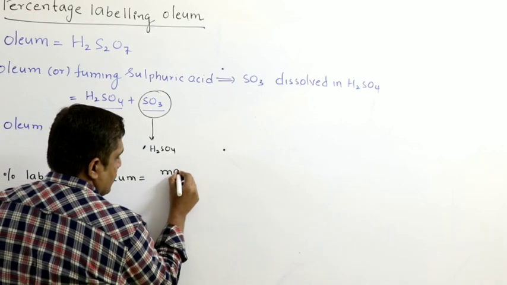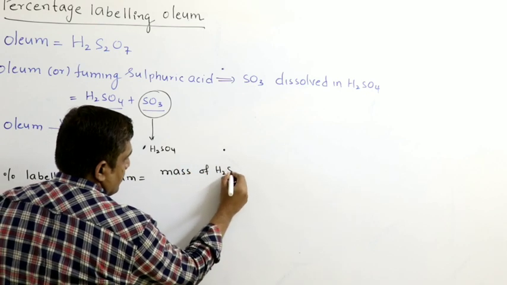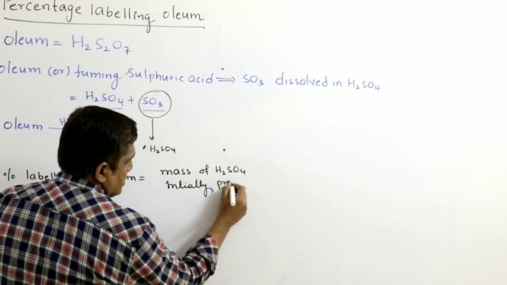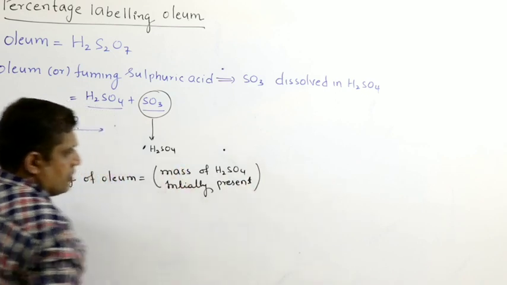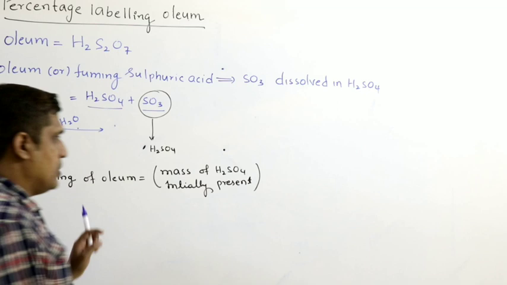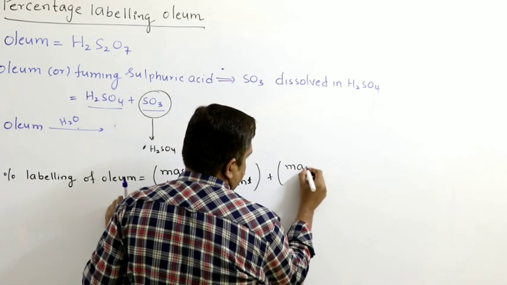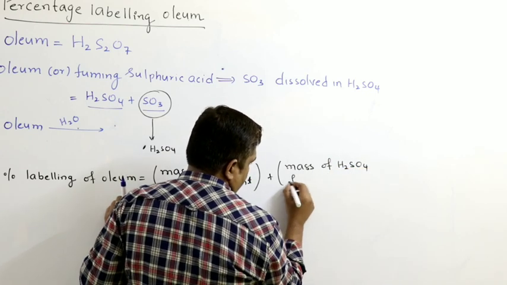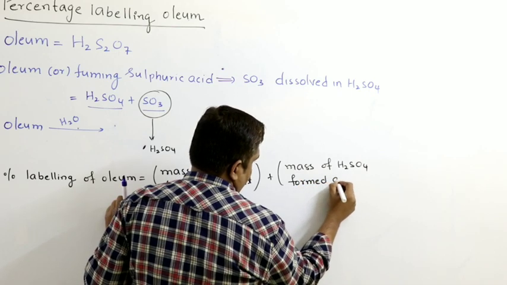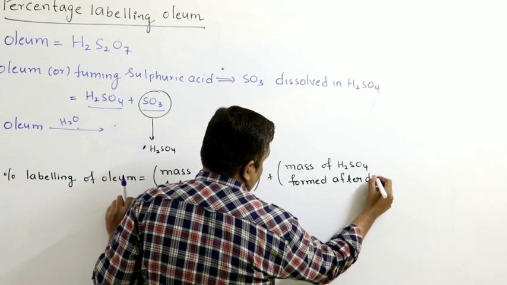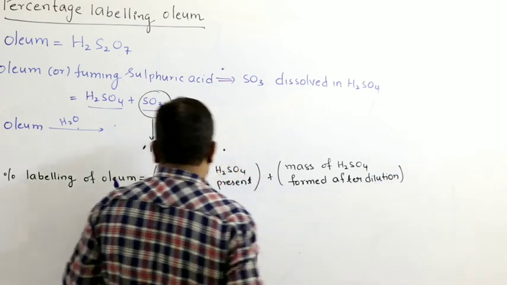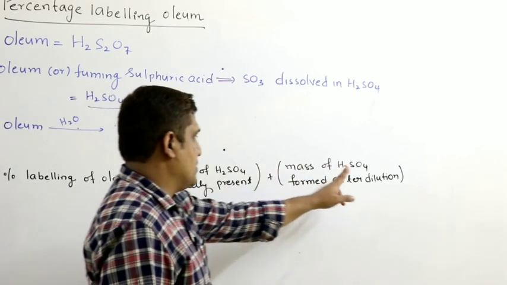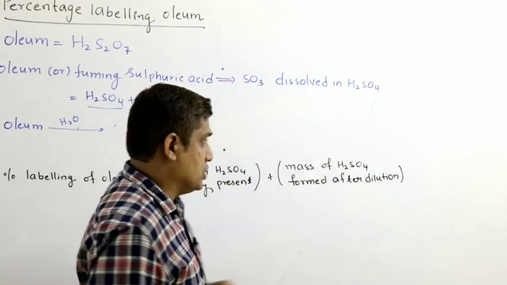So mass of H2SO4 initially present plus mass of H2SO4 formed after dilution.